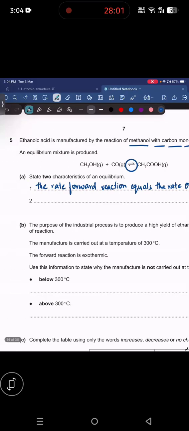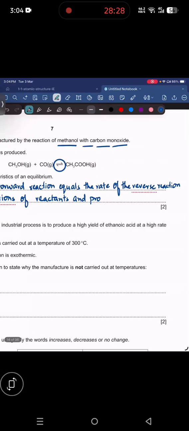Now the next thing, concentration of reactants and products are constant.